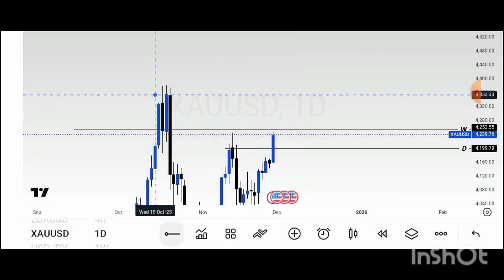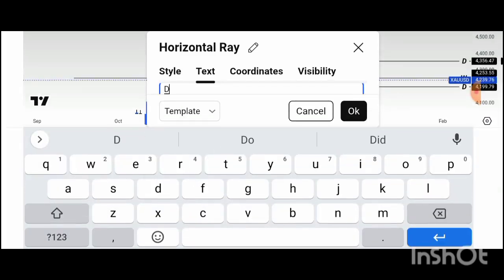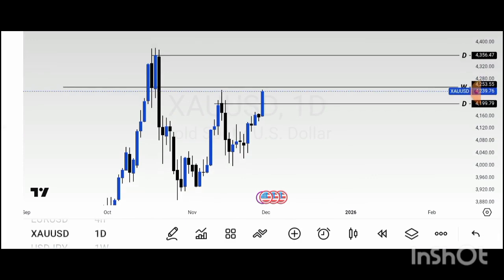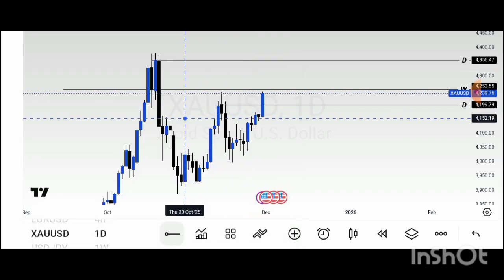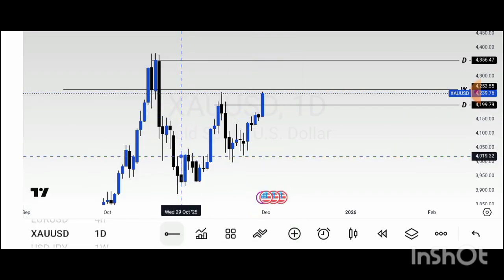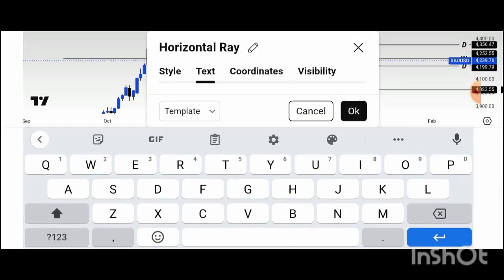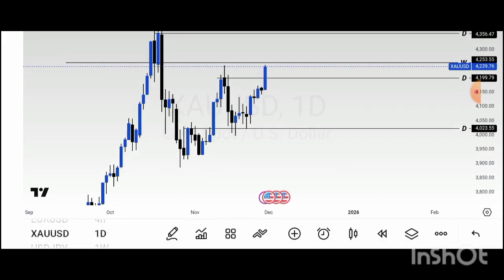Again, we have another daily key level here, so we can as well fix that there, daily. Yeah, I just saw another daily key level, so here, right here, we can mark this as a daily key level, D, right there. So that's it.